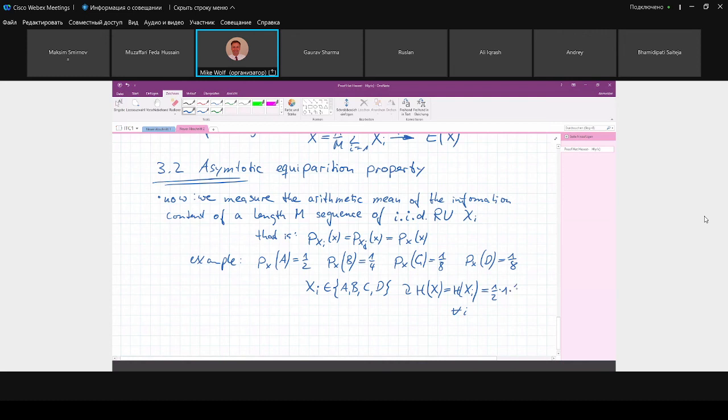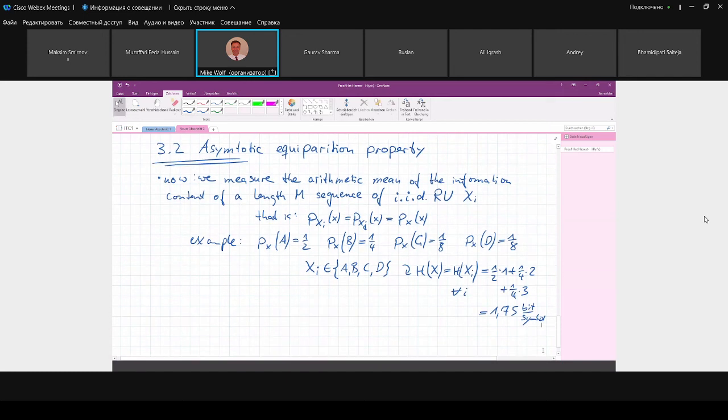So times 1/4 times 2 plus, and the other symbols have an information content of 3 bits, and they have together a probability of 1/4. So it's this. What comes out is this, which I used in the example on the slides, 1.75 bit, let's say, per symbol. I write here per symbol to say on average. But you can also skip this per symbol if you want. It's just bit. So both are artificial units.